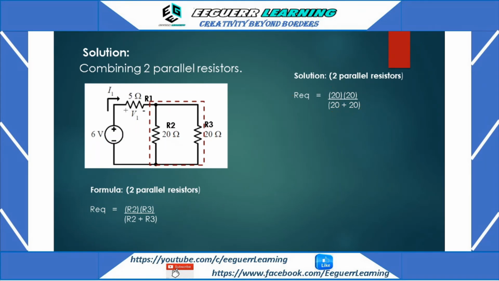Okay, so let us continue, and doing that, 20 times 20 will give us 400, and 20 plus 20 will give us 40. So 400 divided by 40 is 10. The total resistance for R2 and R3 will be 10 ohms.